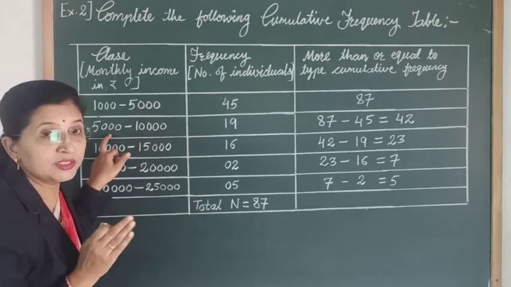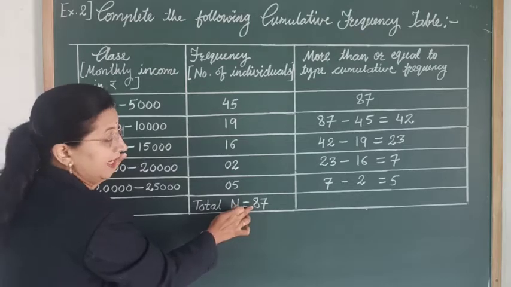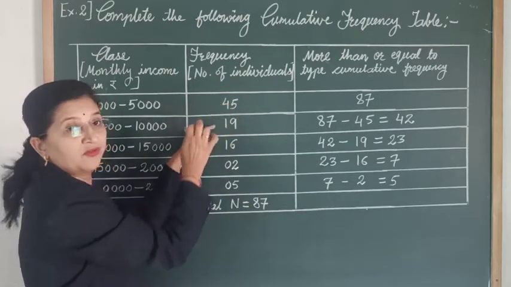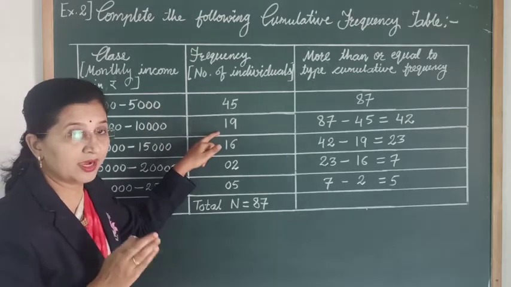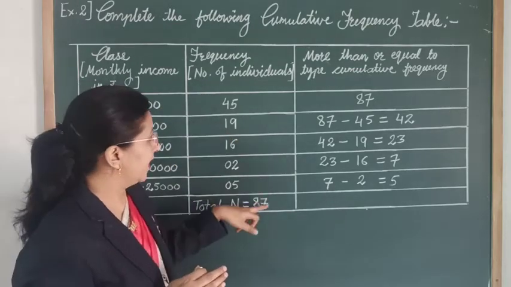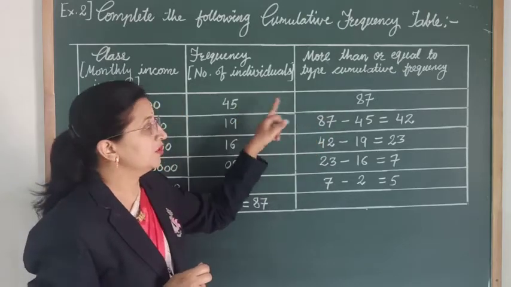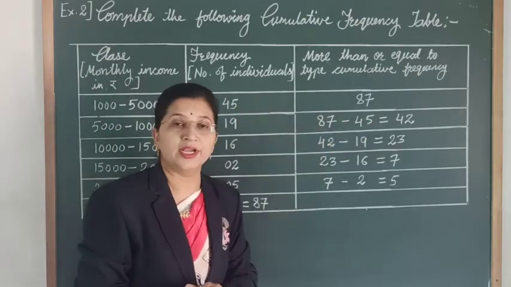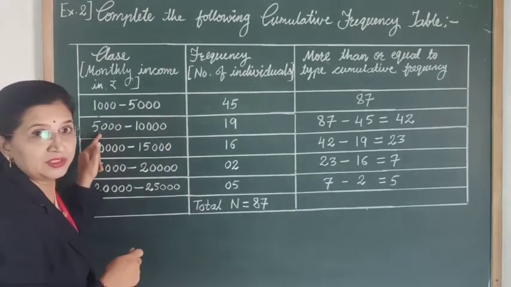Our question is more than 5,000, so from the total 87 we will remove this 45. It means 42 individuals have a monthly income of more than 5,000.